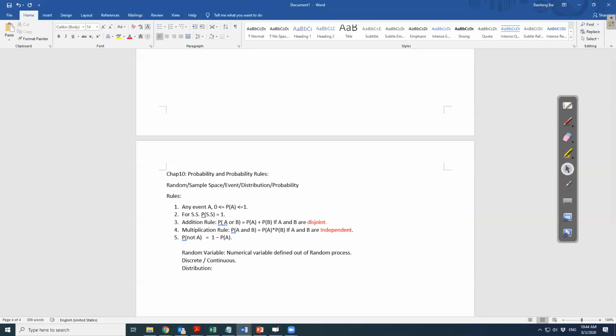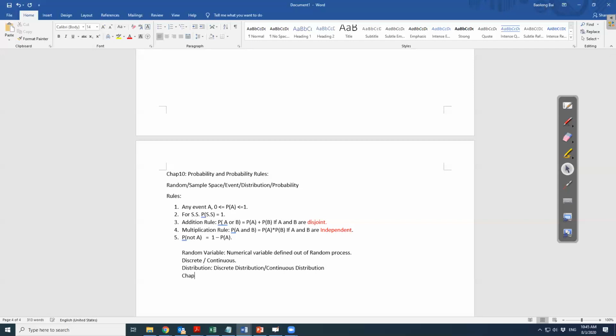So in that case, we're going to have either a discrete distribution or a continuous distribution, depending on if the random variable is discrete or continuous, right? And that's where we talk about the specific example of discrete distribution.